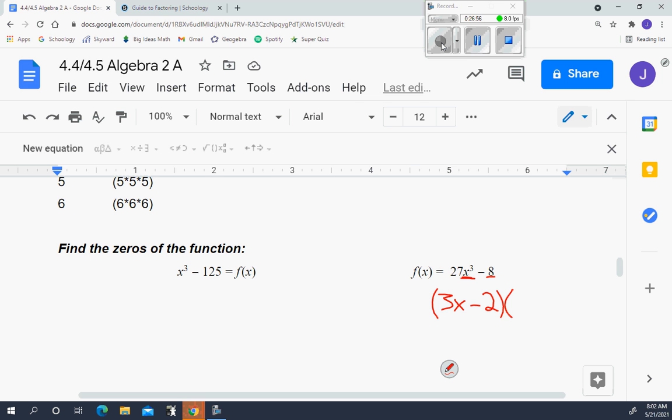A squared, well, 3x squared is 9x squared. Plus a times b. We are multiplying 3x times 2. That's 6x. And plus b squared. 2 squared is 4. Done. That's all of this.